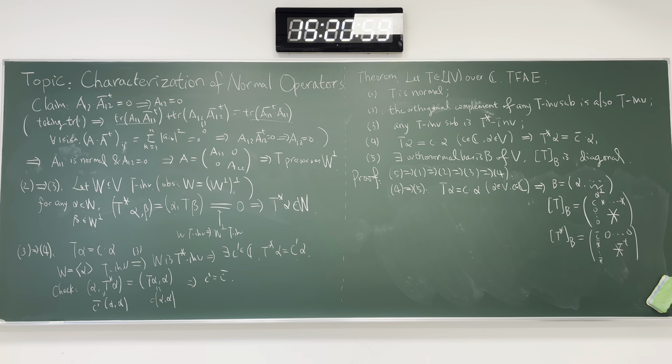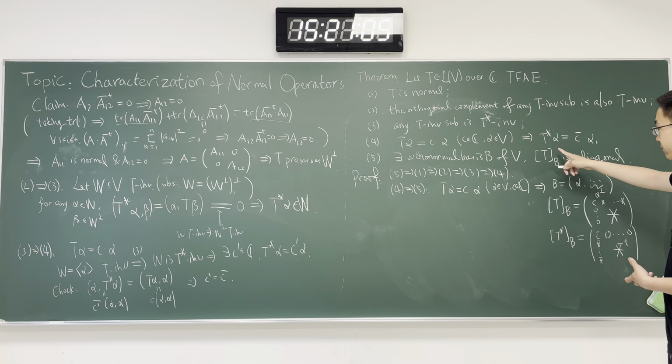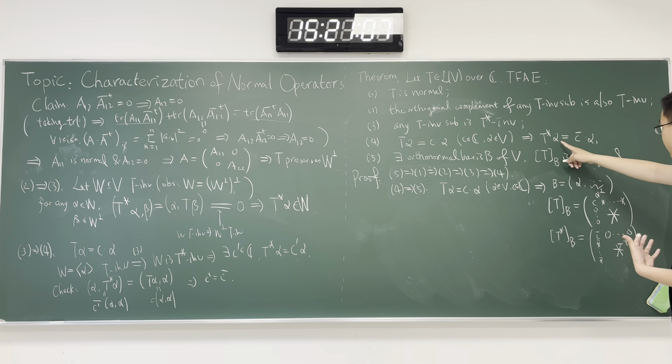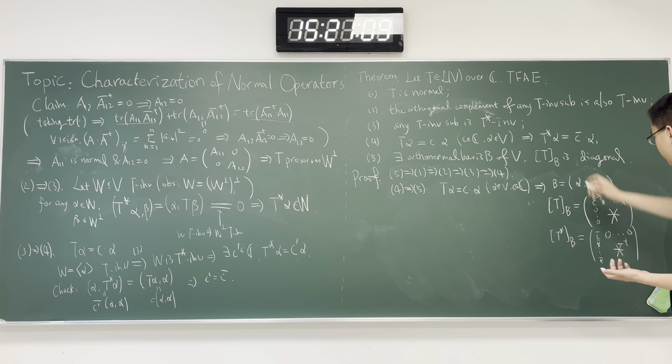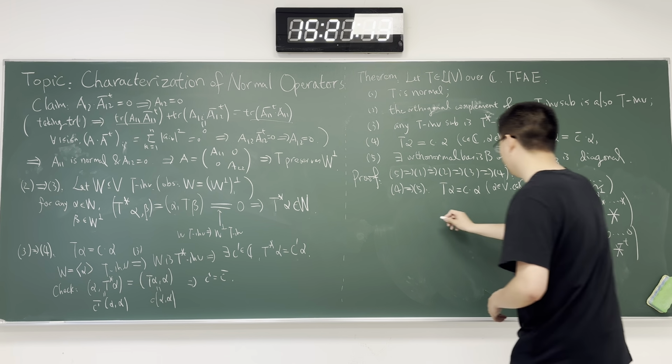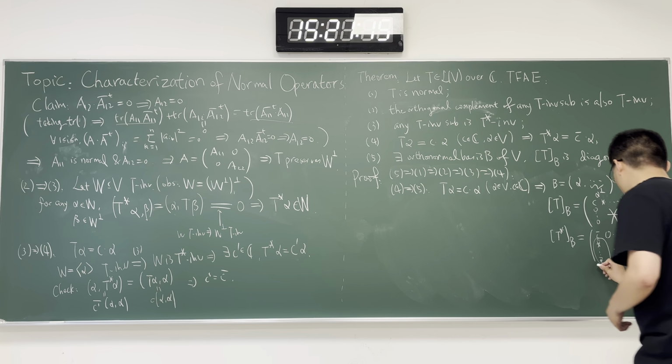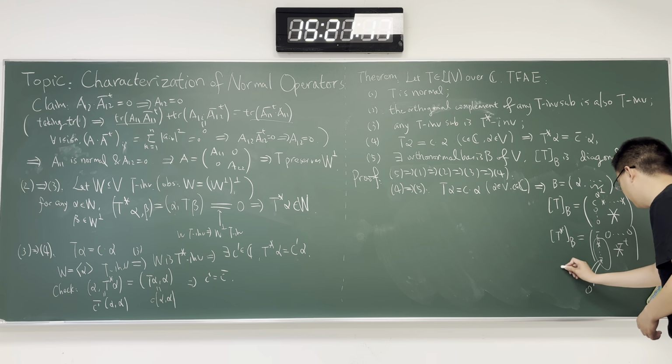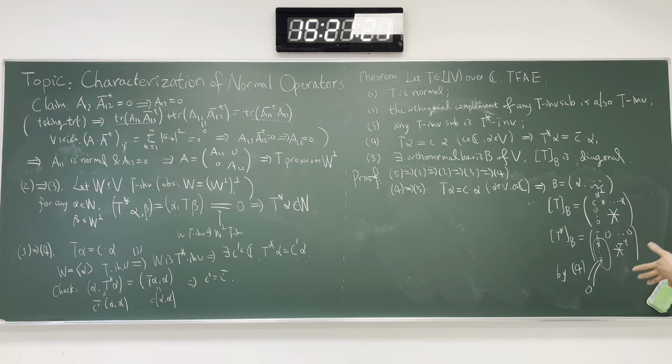The first basis element is alpha, and the fourth condition means that alpha is always invariant under T star, which means that this star must be 0 by 4.